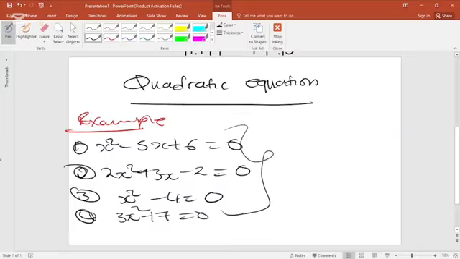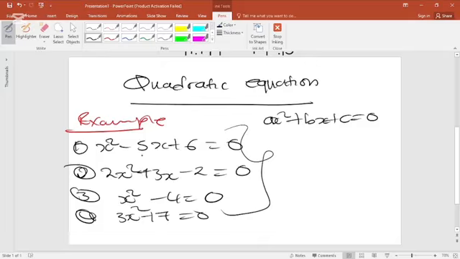Now in here you must be able to identify that they come in this form: ax squared plus bx plus c equals 0. That is the standard form. So this is a standard form.